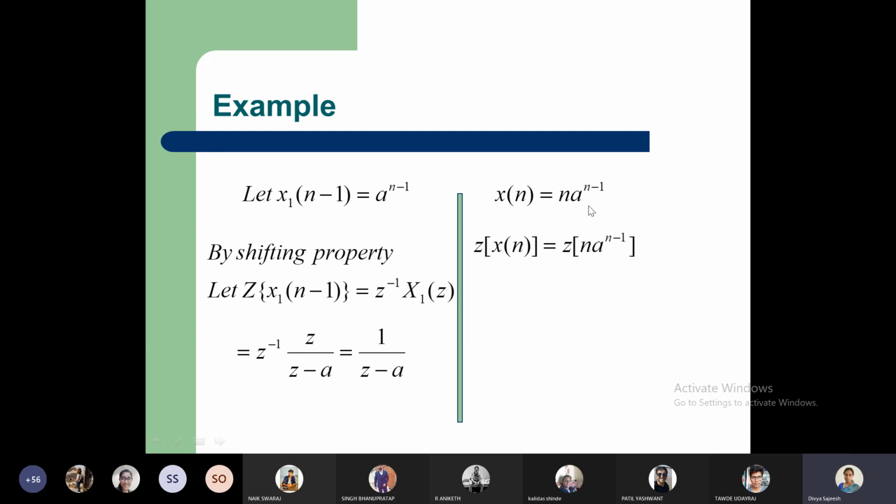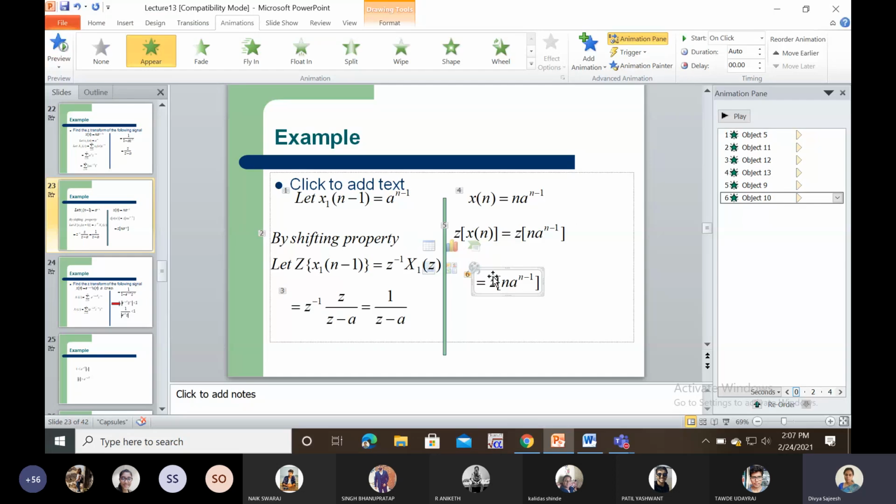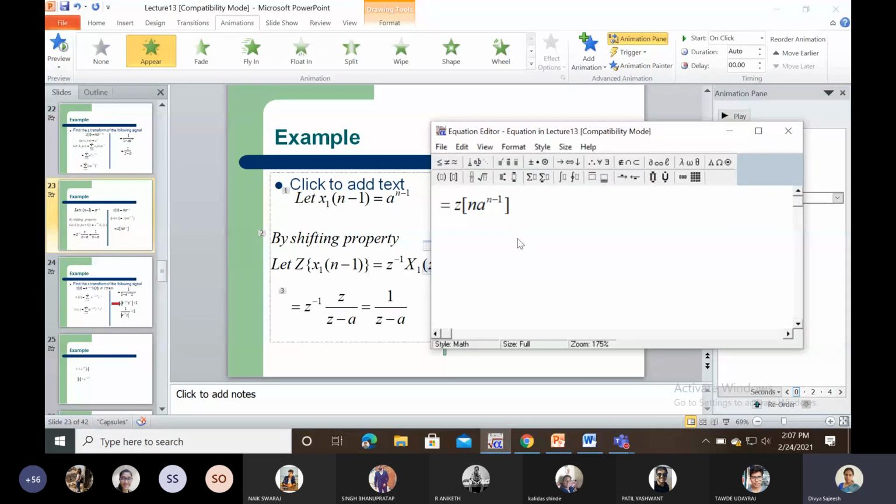So what is the formula? The Z transform of such a signal will be equal to minus z into d by dz of x of z.